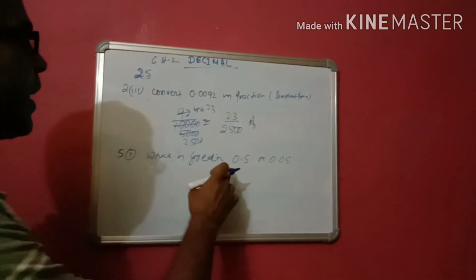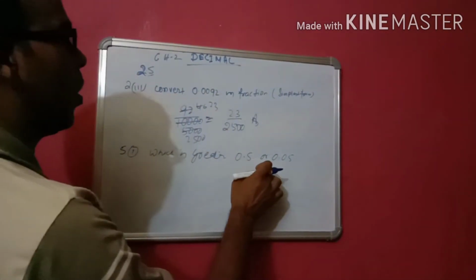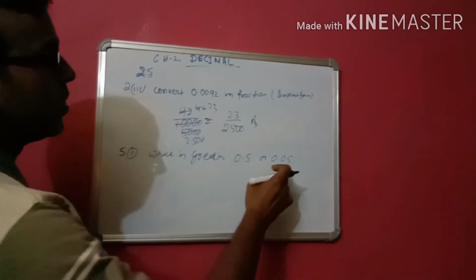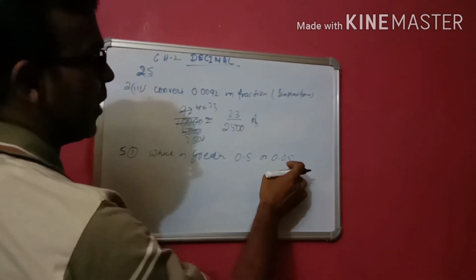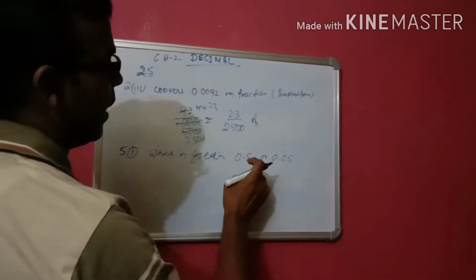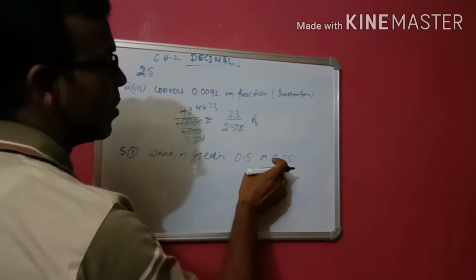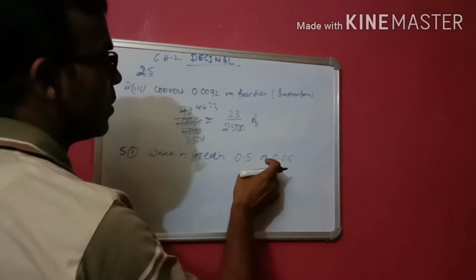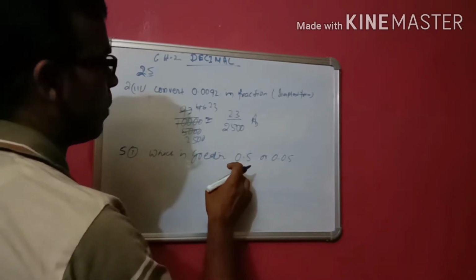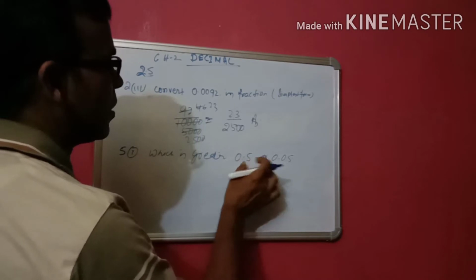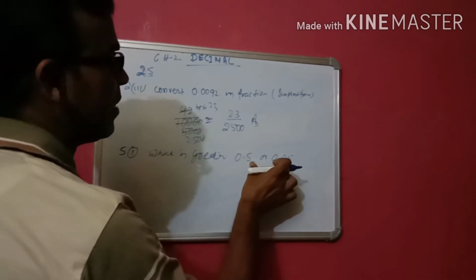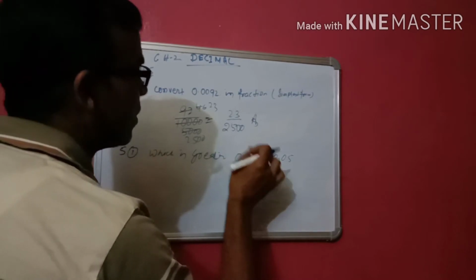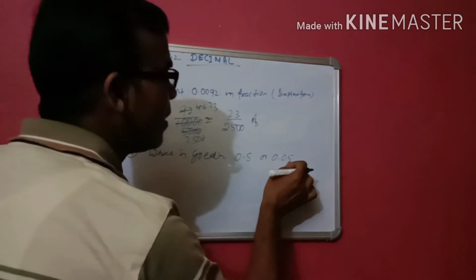Now see which is greater, 0.5 or 0.05. First of all, you have to see the place value. Here the 1 by 100 value is 5 and here there is nothing, meaning 0. Here the 1 by 10 value is 0, and here it is 5. The ones place is 0 in both, so they are equal, and the tenths place is greater here. 1 by 10 place is greater than this number.